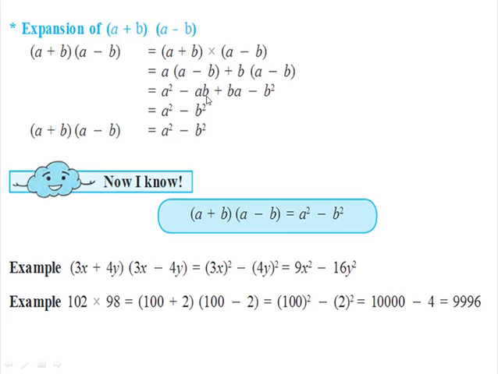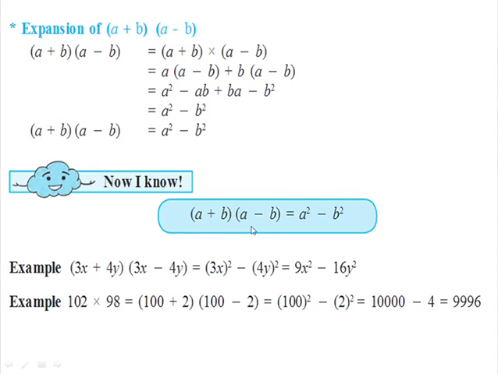These are like terms, ab and ab, but with opposite signs, so both terms will cancel each other. So you will get a square minus b square as the expansion of (a plus b)(a minus b). Now we have seen the third formula: (a plus b)(a minus b) is equal to a square minus b square. Now we will use this formula to solve the examples.